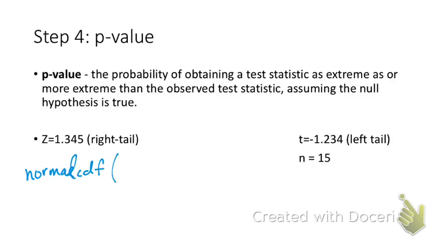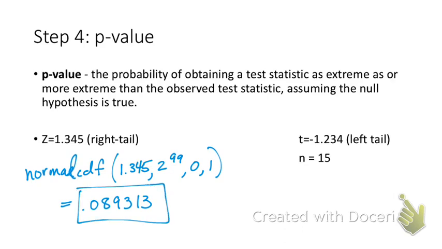So what would my lower bound be? 1.345 to infinity, and then 0, and then 1. What do you get? 0.089313. Perfect.